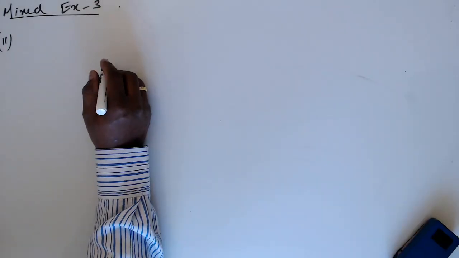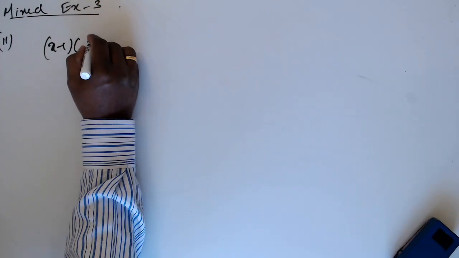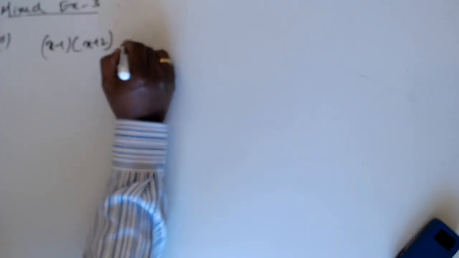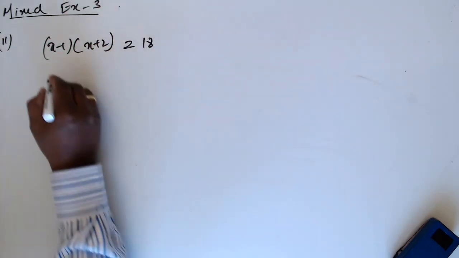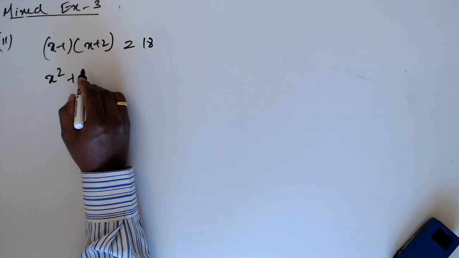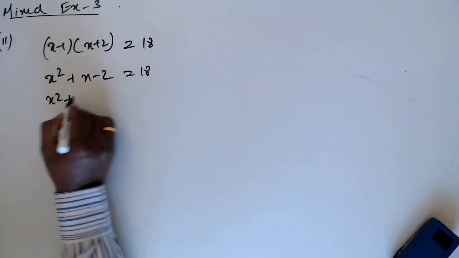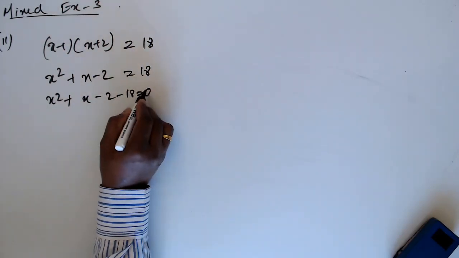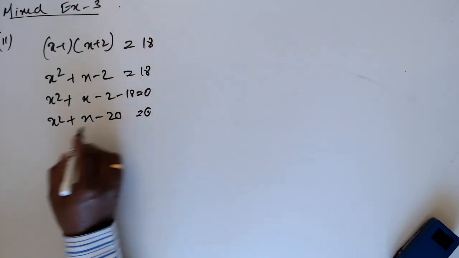Number 11, you can read the sum. x minus 1, x plus 2 equals 18. x square plus x minus 2 equals 18. x square plus x minus 2 minus 18 equals 0. x square plus x minus 20 equals 0.